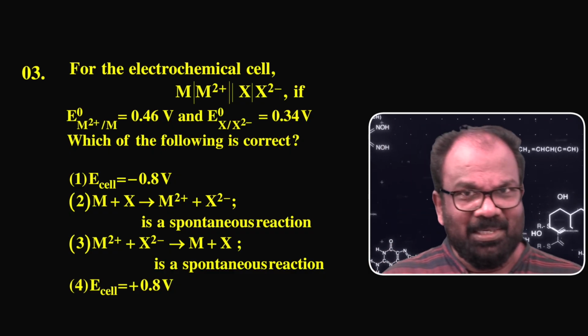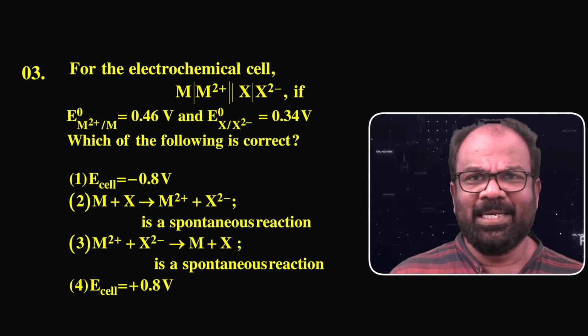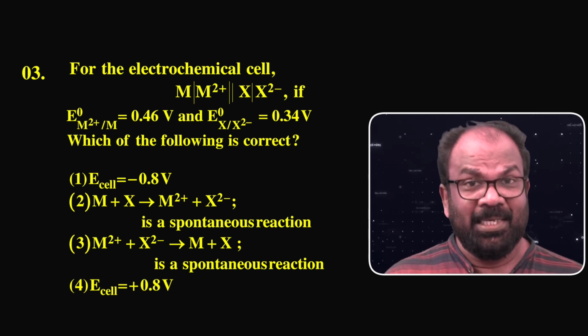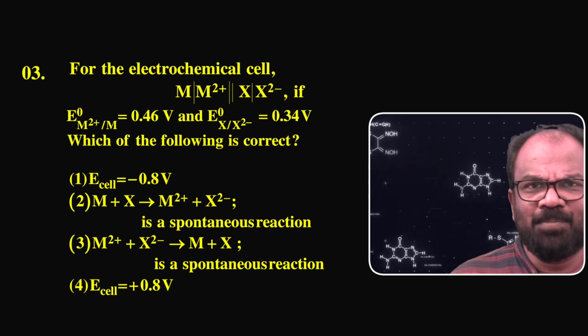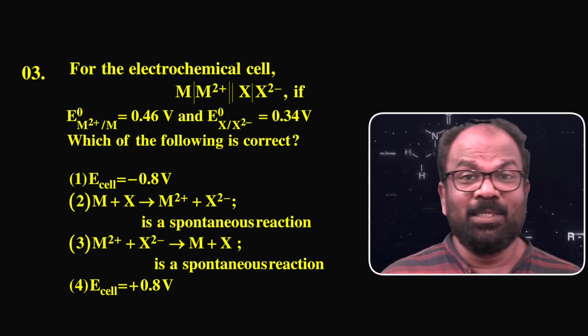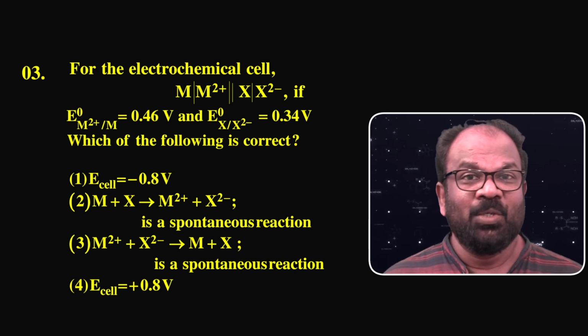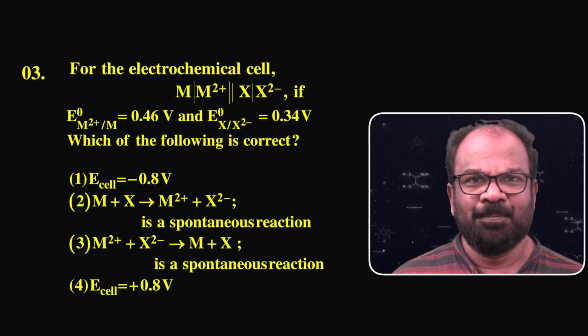Then question number 3. For the electrochemical cell M | M2+ || X | X2-, if E0 of M2+ | M is equal to 0.46 volt and E0 of X | X2- is equal to 0.34 volt, which of the following is correct?